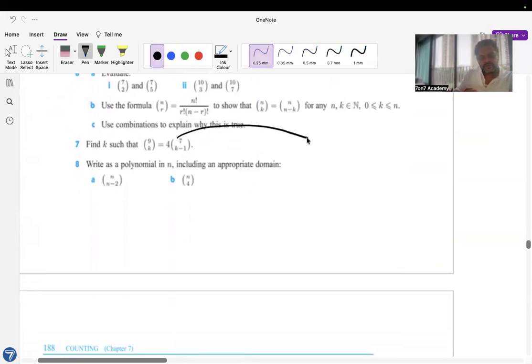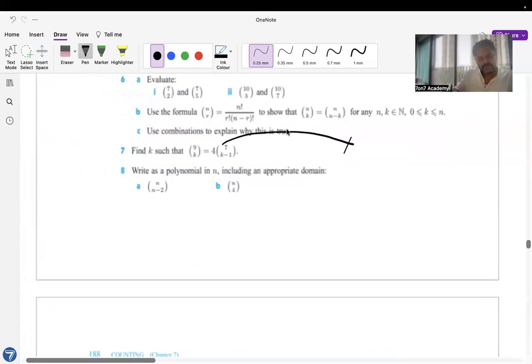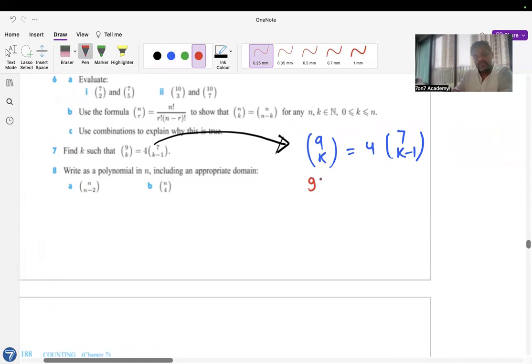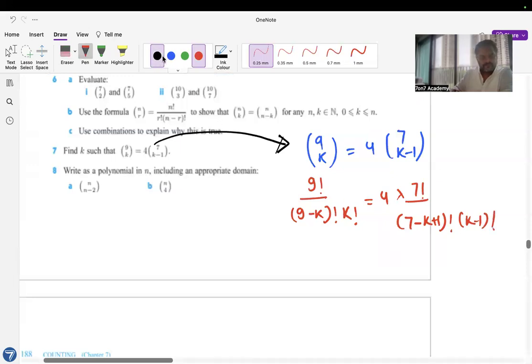Riddhi, can we solve this? You have given 9CK, agree? Is equal to 4 times 7C(K minus 1). So what is 9CK? It is 9 factorial divided by 9 minus K factorial times K factorial, is equal to 4 into 7 factorial divided by 7 minus K plus 1 factorial times K minus 1 factorial.